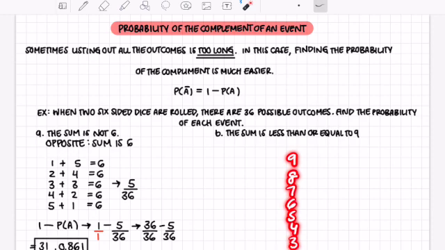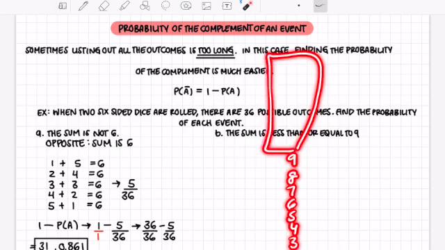It might be easier to actually go the opposite route, which is seeing the sum of numbers that are greater than 9, because there's only a very limited amount for dice, because again, the highest you could go is 6 and 6. So the other possible outcomes you could get here are just 10, 11, and 12.